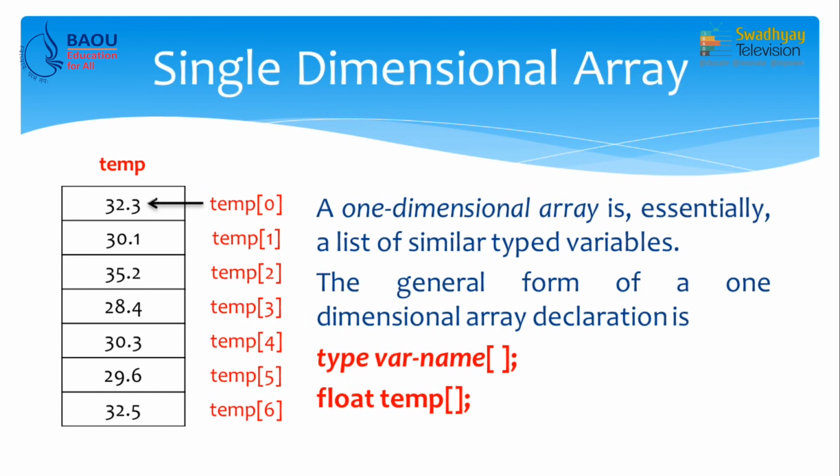So, float temp with empty brackets designates temp as an array of type float, and you can see on screen we have 7 elements stored inside this array variable. Assume that these are the temperatures of weekdays taken at a particular time for analysis purposes. So, this kind of information is a single dimensional array.